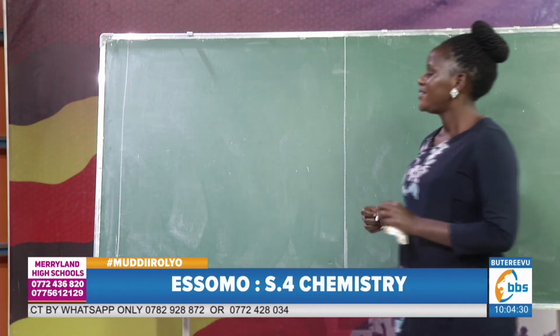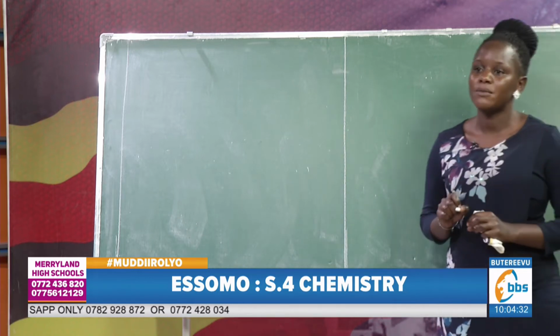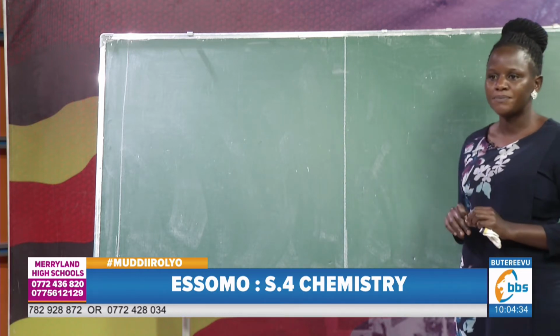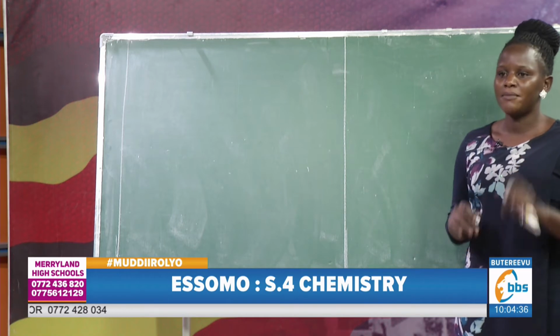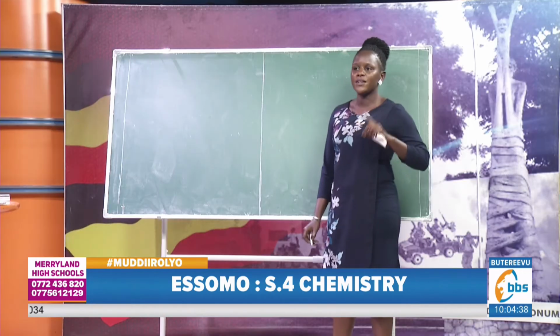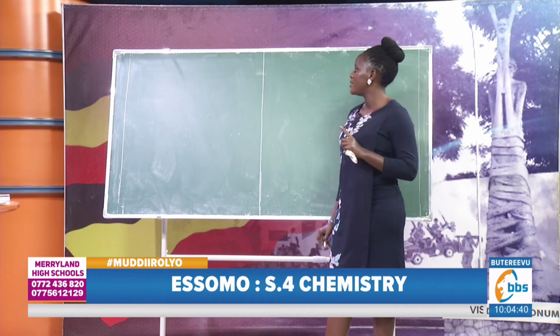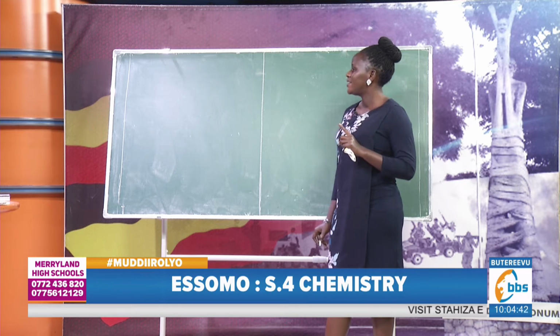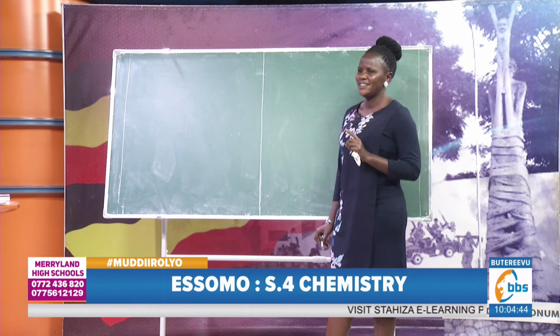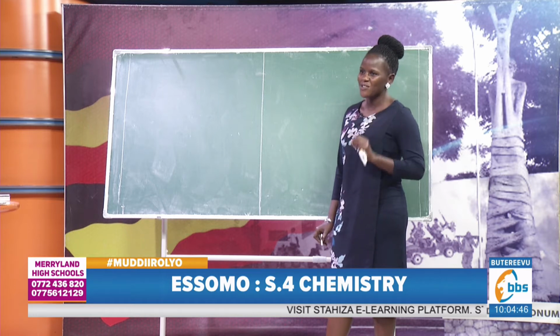Last week, we were still looking at some of the chemical properties of chlorine. And I remember I left you with a question, and I'd explained most of what that question wanted.